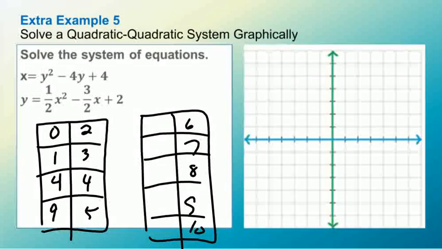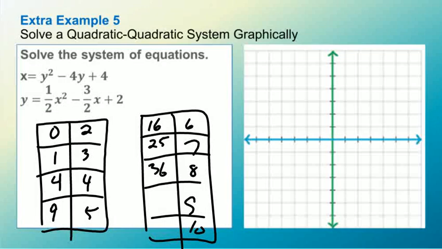We did a 6, that'd be 36 minus 24 plus 4 gives us 16. We did 7, that's 49 minus 28 plus 4 gives us 25. 8, that would give us 64 minus 32 plus 4 gives us 36.